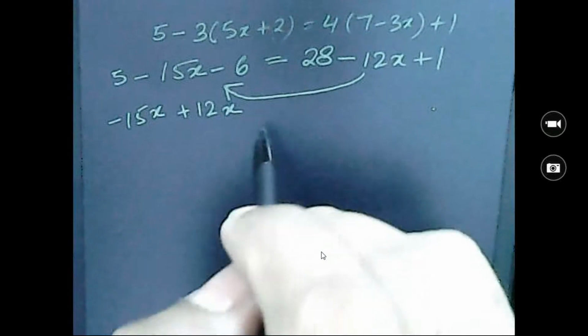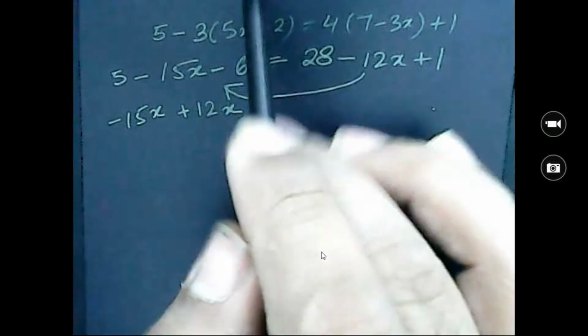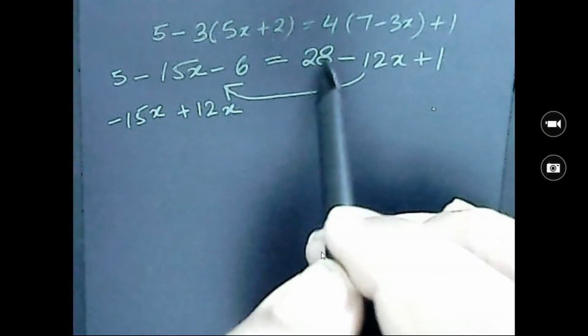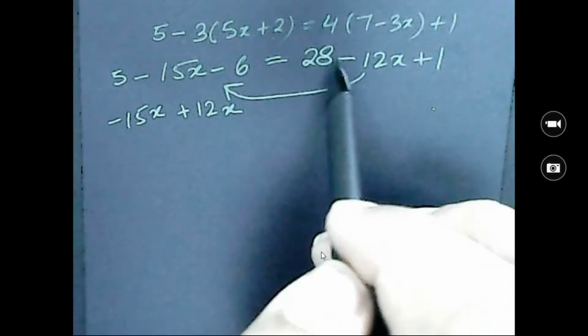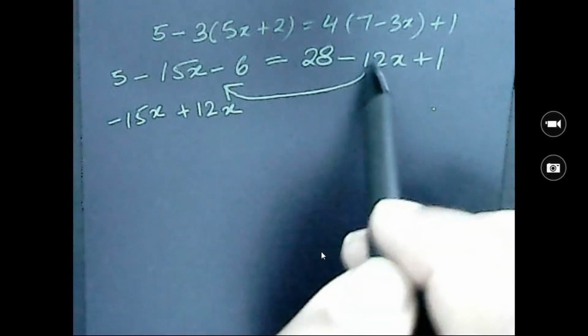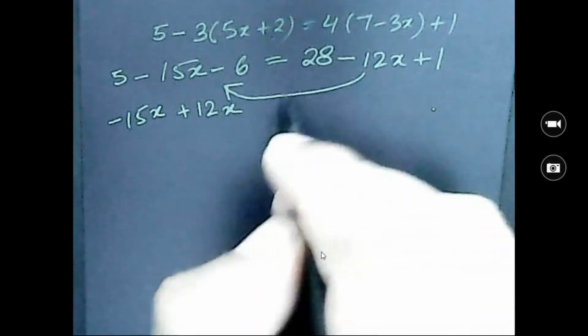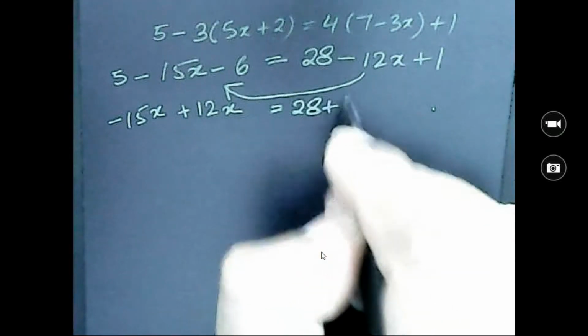I hope this point is clear to you. If you move something across the equal to sign, the sign will get changed, right? If you move anything across this equality sign, the sign of that particular number will be changed. So the negative becomes positive, right?